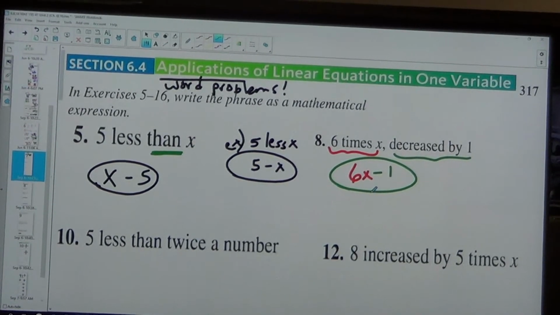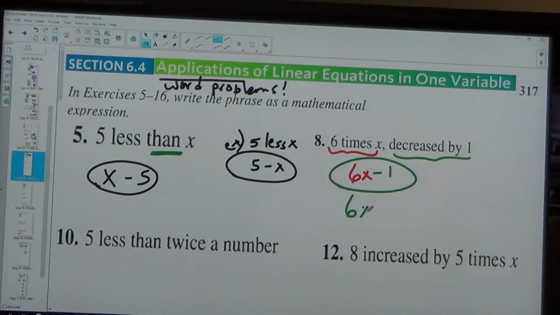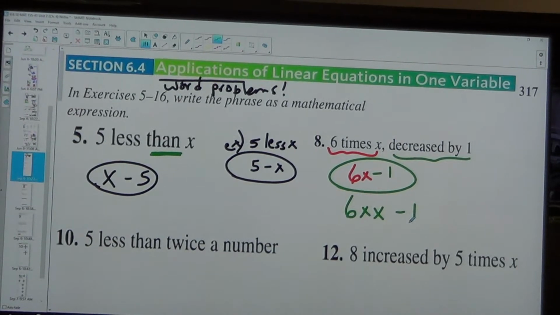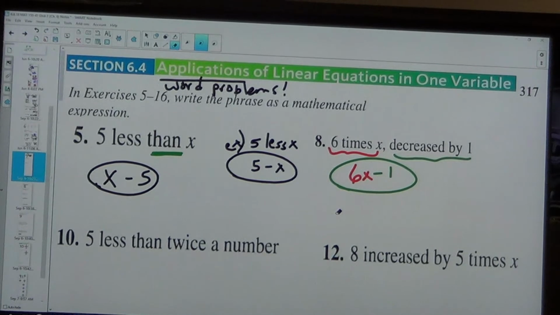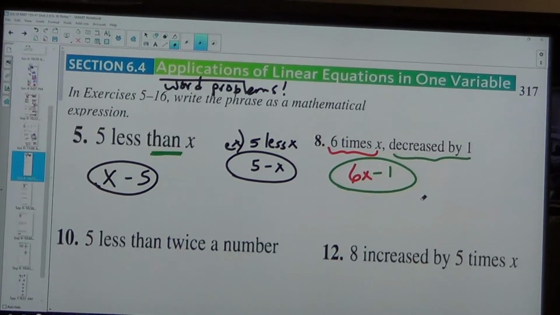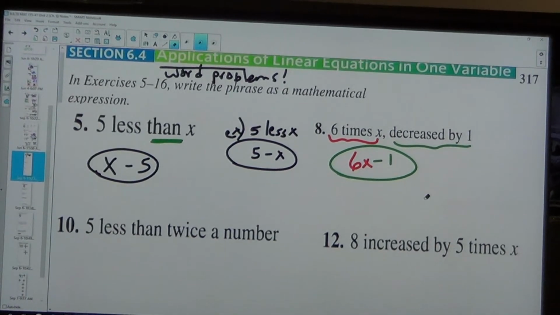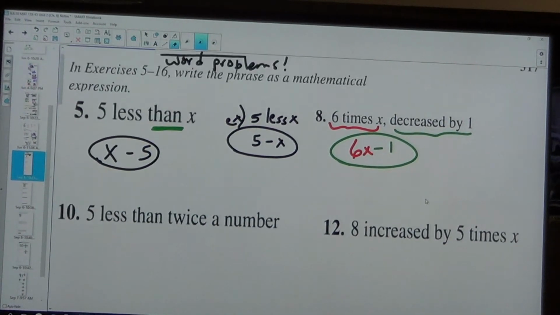And y'all, we don't write the times as an x, because then it would be confusing. So we just write the number and the letter side by side, because we know that means multiplication. So 6x means 6 times x, and then decreased by 1 is going to be your minus 1. And we're writing a phrase as a mathematical expression, so we're turning the English into math.